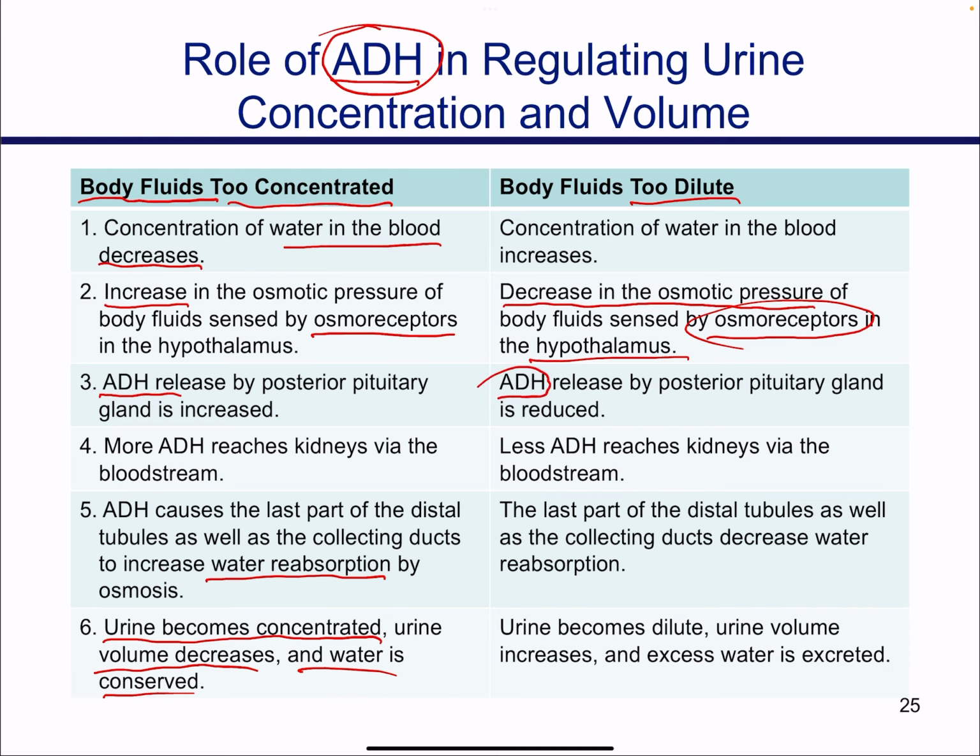By reducing the amount of antidiuretic hormone, you are causing the distal tubules to decrease the water reabsorption, right? Which is going to cause the water to go from the tissues to the collecting ducts, and from the collecting duct it goes into the urine, and the urine is going to have a high volume.